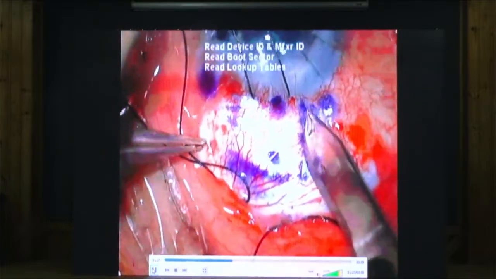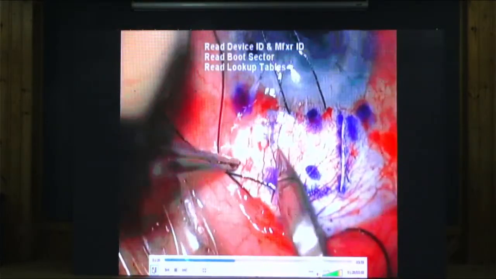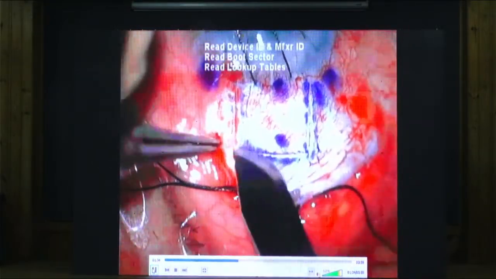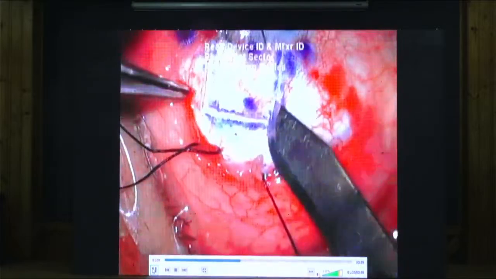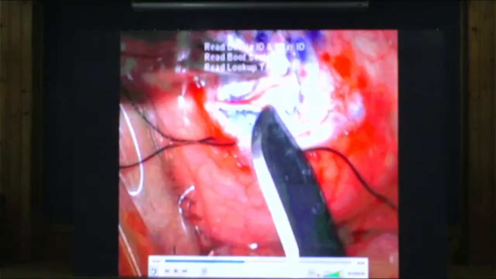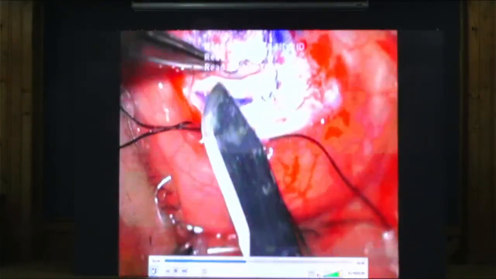Now I am dissecting the scleral flap, which is almost 5.5 millimeter in length. After that, I make a strip of sclera using the crescent blade so that I will hide the tube.